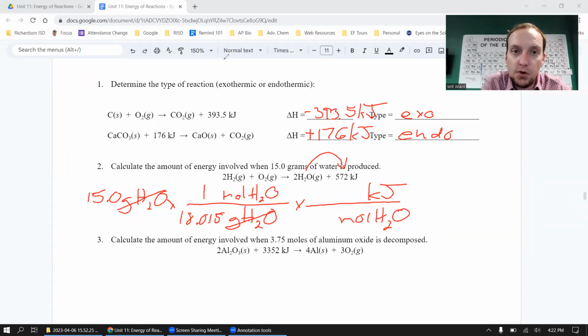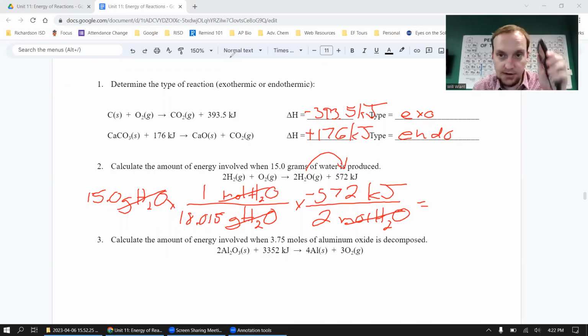So I need to look at my moles. For every 2 moles of water, I'm going to have 572 kilojoules. But again, is that a positive or negative value? 572 is on the right side. Therefore, it is a negative value.